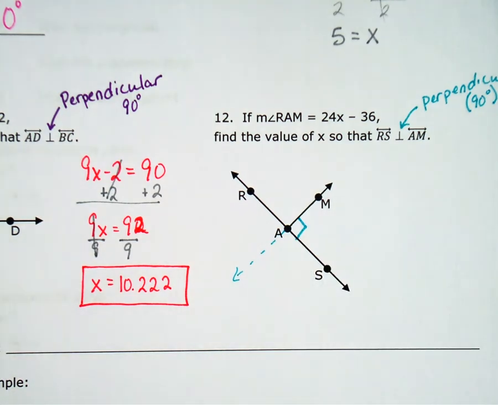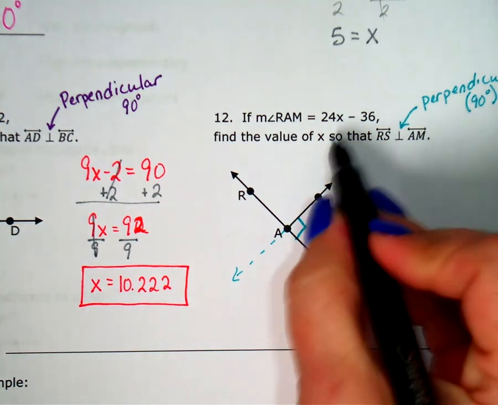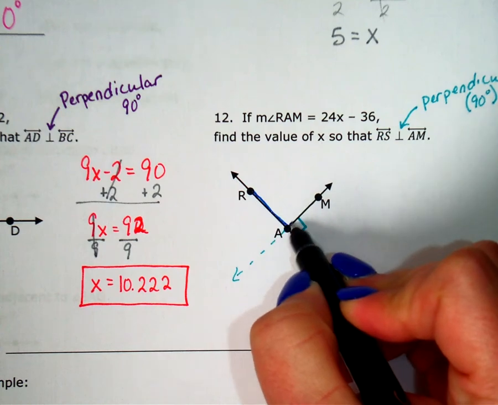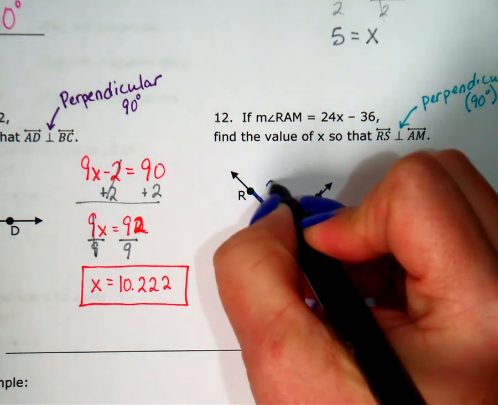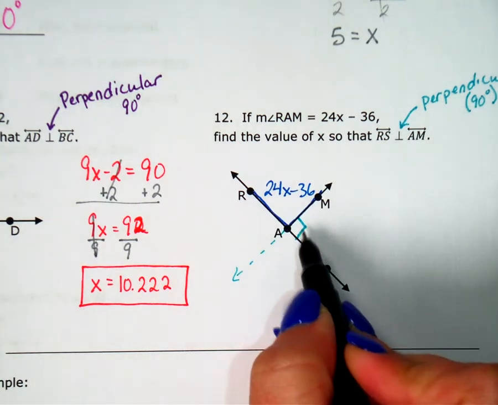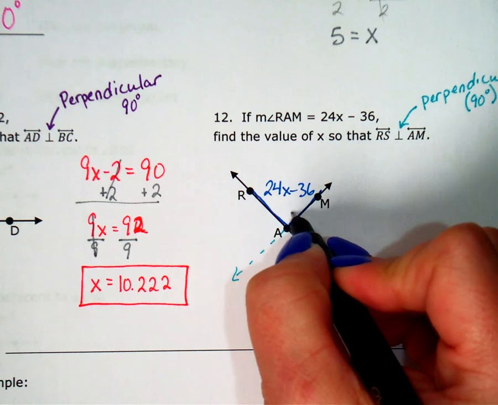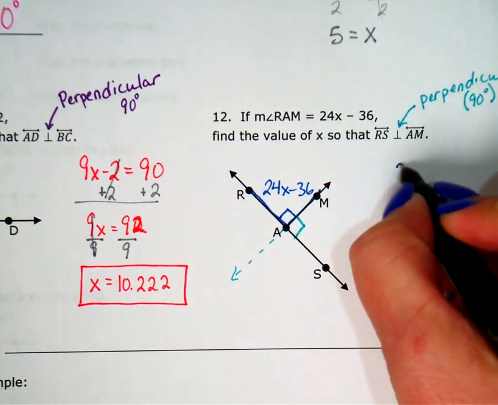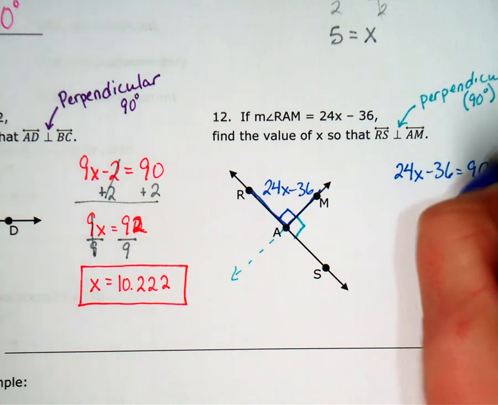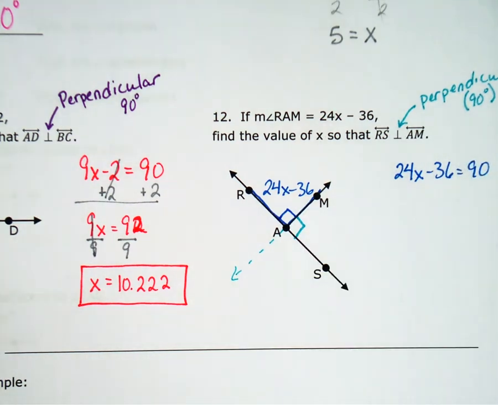Okay? All right, so the measure of angle RAM equals 24x minus 36. RAM is 24x minus 36. Well, I know if one angle in the perpendicular, they're all going to be 90, right? So this one is also 90. 24x minus 36 equals 90. Okay?